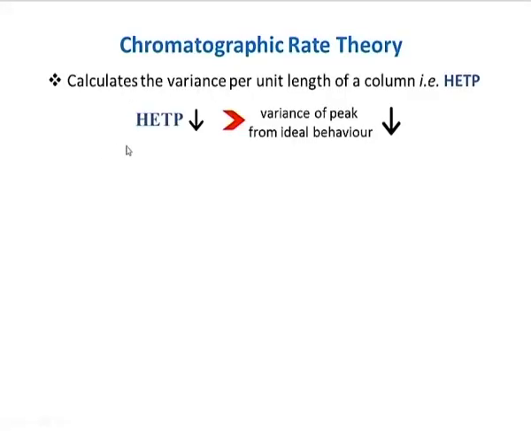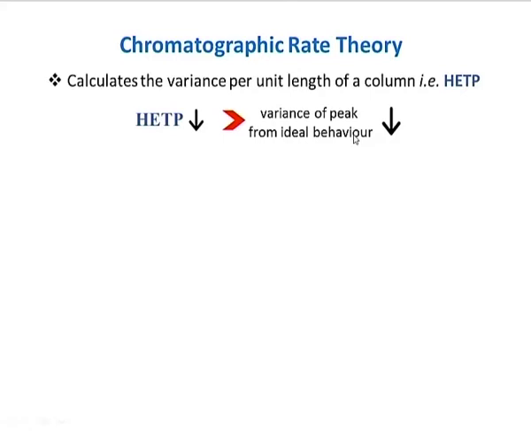What is the other significance of height corresponding to one theoretical plate? If height corresponding to one theoretical plate is less in a chromatographic experiment, it means variance, which is that sigma square, of a peak would also be less. Now, when we talk of variance of a peak, it means variance from what? So, it means variance from an ideal behavior. Remember what we saw in some of the previous lectures.